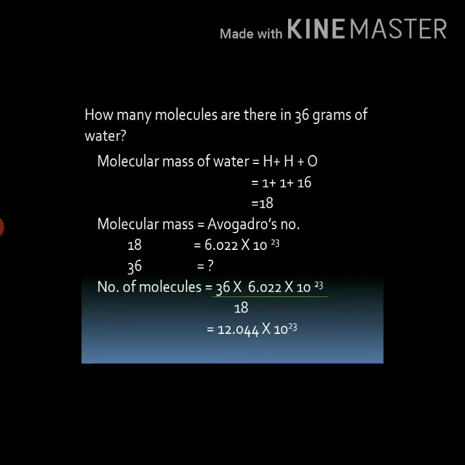Cross multiply. So number of molecules is equal to 36 into 6.022 into 10 raised to 23 upon 18. 18 ones are 18, 18 twos are 36. So it is 12.044 into 10 raised to 23 molecules.